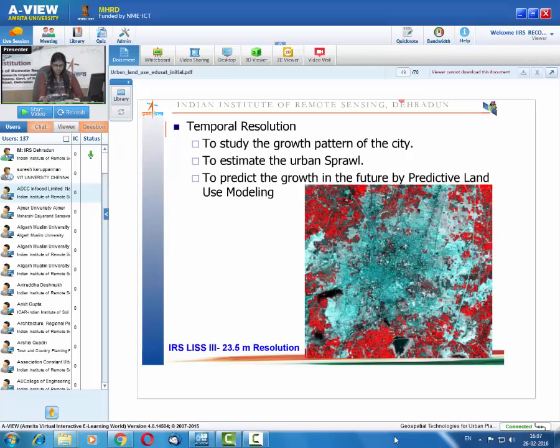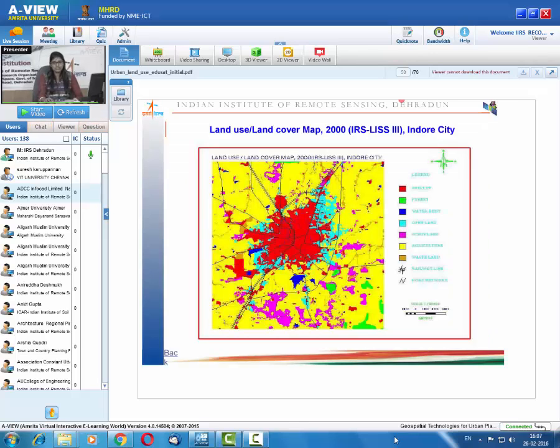So if you need to know the sprawl of an area, you can have a decadal change map, which can be available for 10 years temporal resolution. So these are examples of how LISS 3 image has been used for preparing a land use land cover map for 2000 for Indore city.